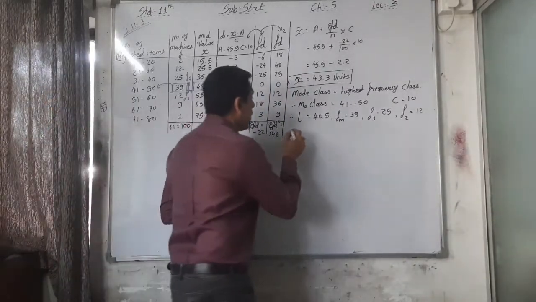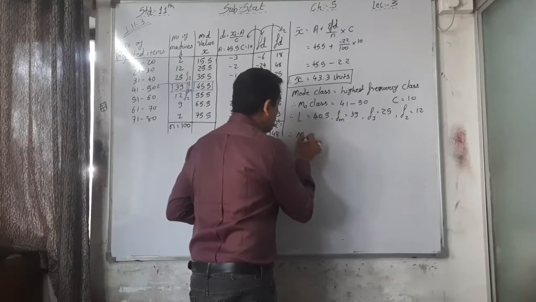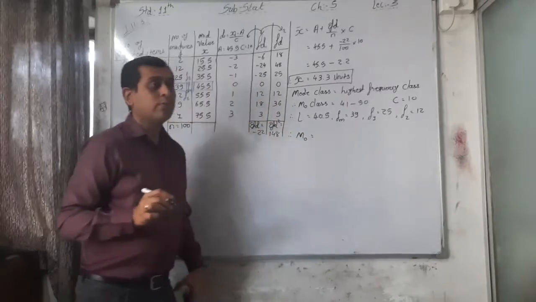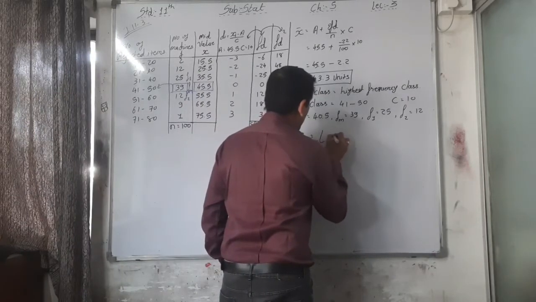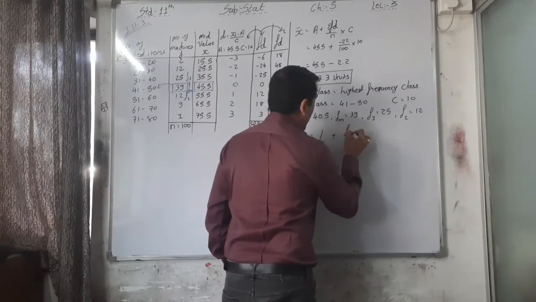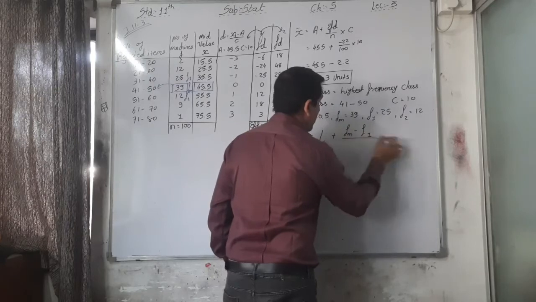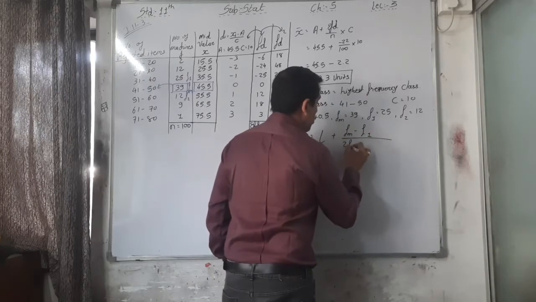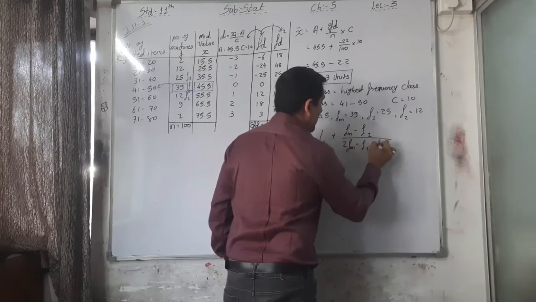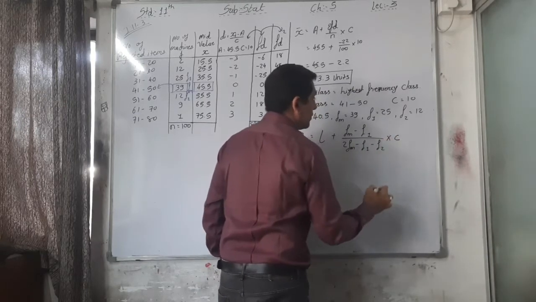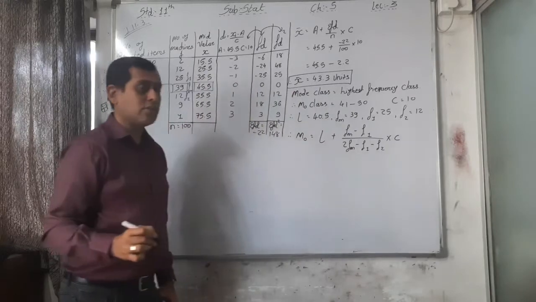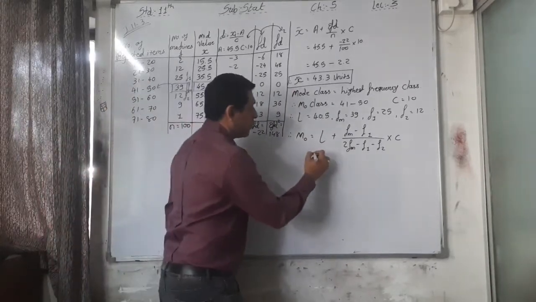Okay, now put the value in the formula. What is the formula? L plus Fm minus F1 upon 2Fm minus F1 minus F2 into C. This is the formula. Find out the value.